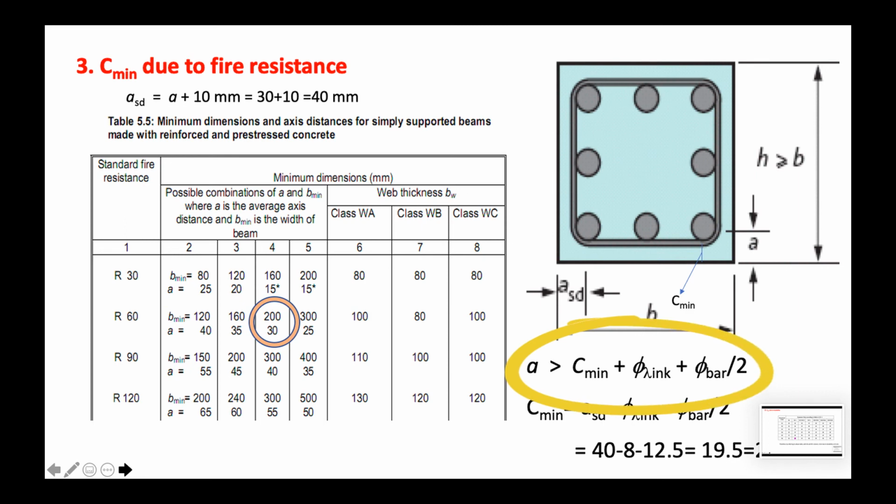By replacing a_sd in this equation, we have another expression: C min equals a_sd plus pi times link diameter minus bar diameter divided by 2. From this equation, we get the C min due to fire resistance.